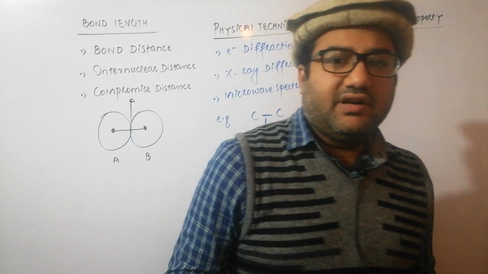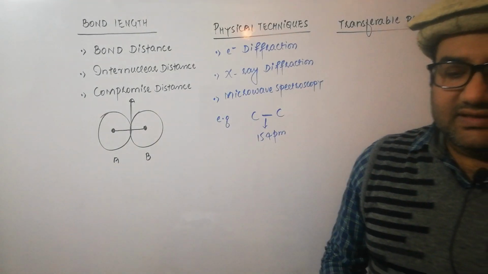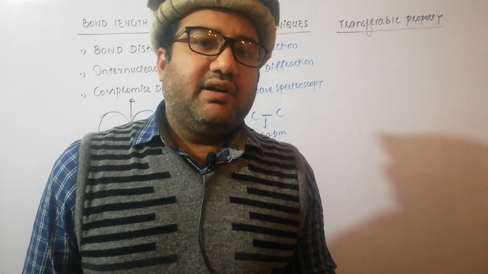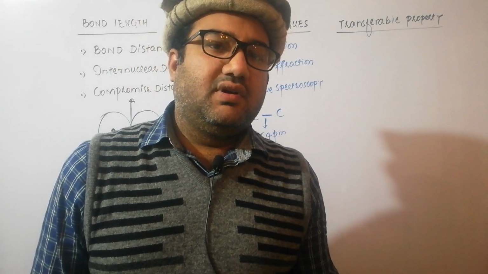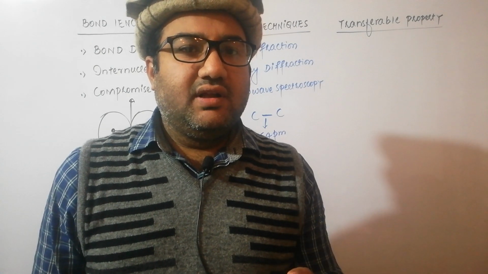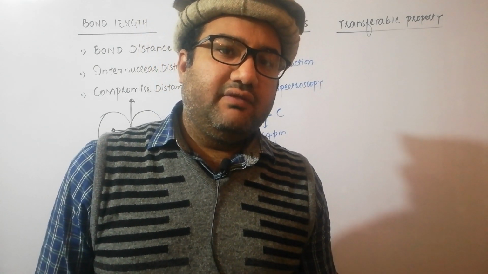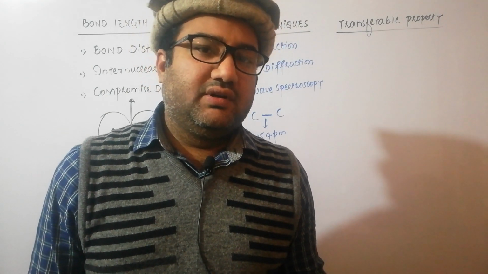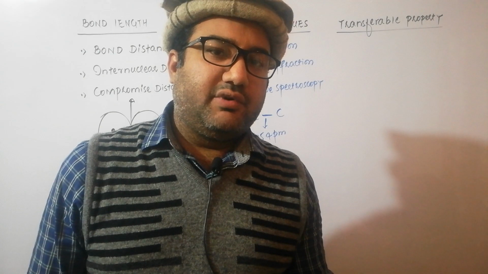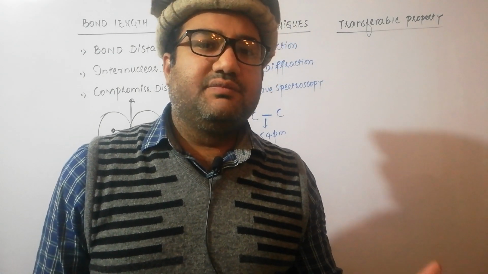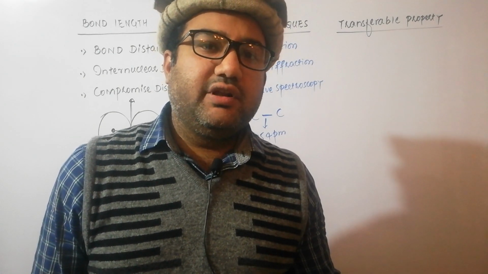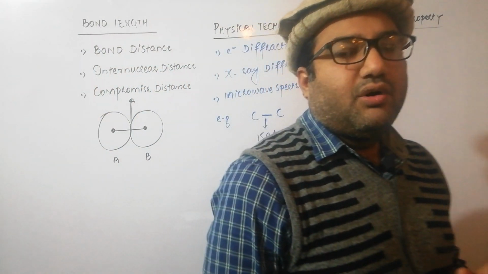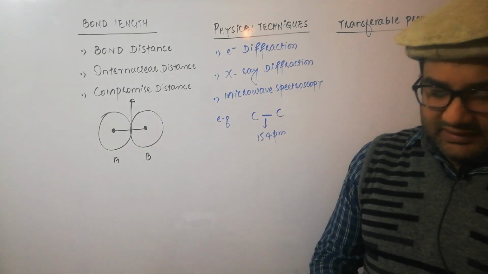For example, one very simple example to understand this is electronegativity. We know that the electronegativity of fluorine is 4, and this value is constant for fluorine whether we are discussing an organic compound or an inorganic compound. So this is a transferable property which remains the same whether we are discussing an organic molecule or an inorganic molecule. In the same way, bond length is also a transferable property.